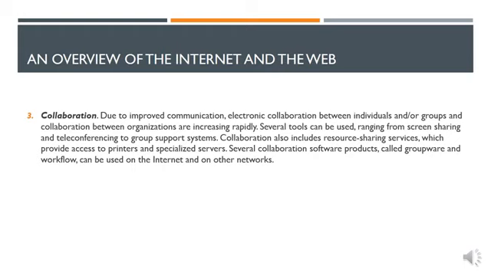Collaboration also includes resource sharing services, which provide access to printers and specialized servers. Several collaboration software products called Groupware and Workflow can be used on the internet and on other networks.